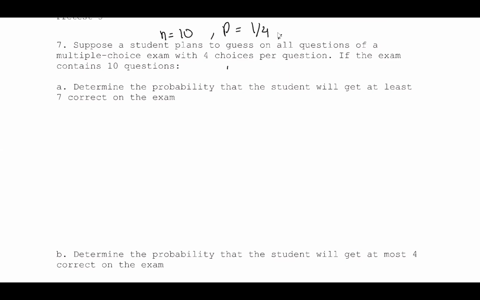That means you have A, B, C, and you have D as your option. But if you look at it, not all 4 of them will be correct. Only 1 of the 4 will be correct. So that's how you get p is equal to 1 out of 4. So the next thing you have to see is that this is the binomial distribution.